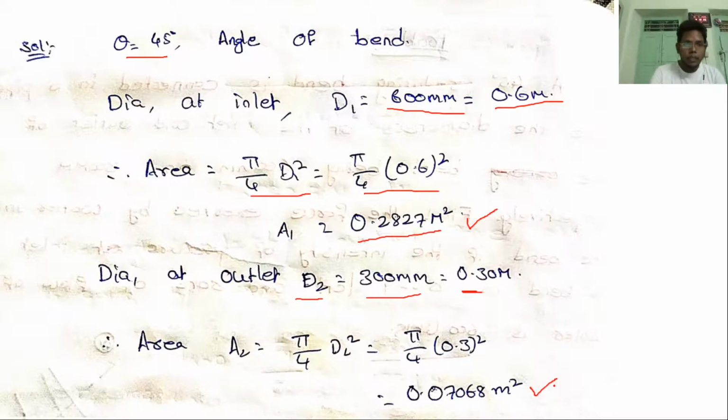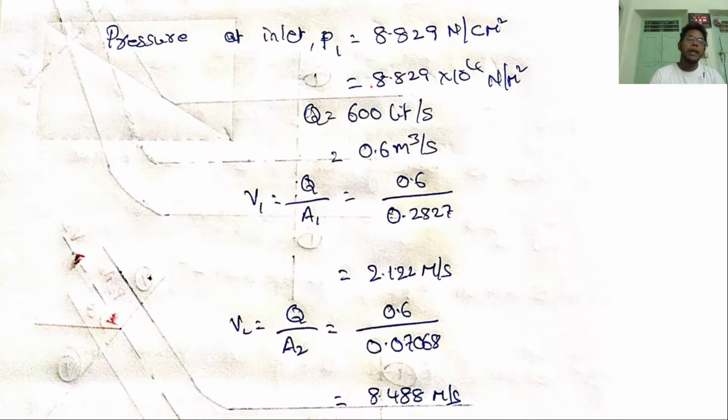Now let us go to the next slide. Now the pressure at inlet, what is our P1? P1 is 8.829 Newton per centimeter square. That is also a known value as we have seen in our question. Converting it into meter is simple, multiplying by 10 to the power 4. You have already completed fluid mechanics 1 and 2, so conversions like centimeter to meter should be easy for you.